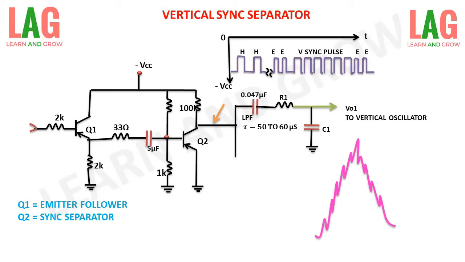This serrated output is obtained from the low pass filter circuit depending upon the input of the vertical synchronizing pulse. The vertical synchronizing pulse consists of a rising edge, a falling edge, and also the flat surfaces at the rising edge and at the falling edge.